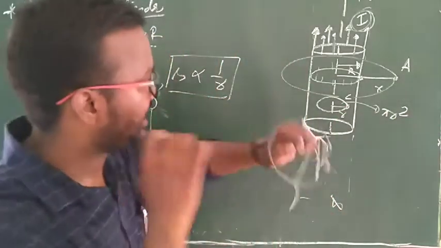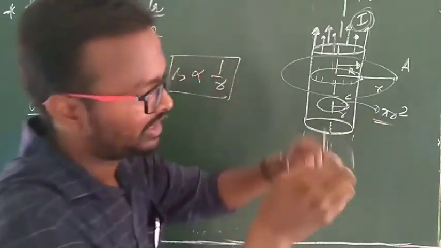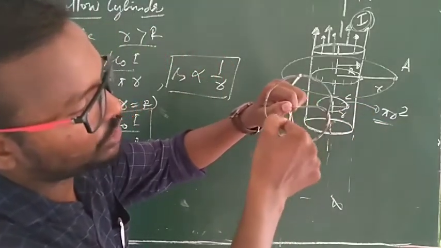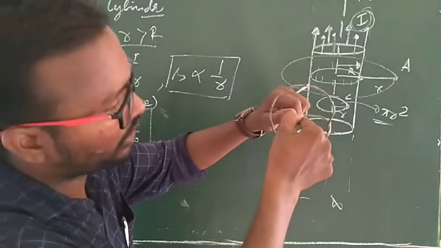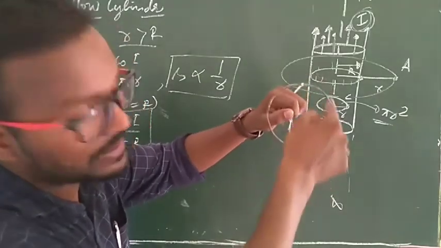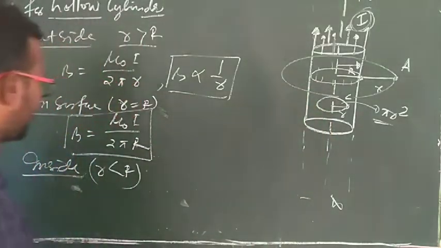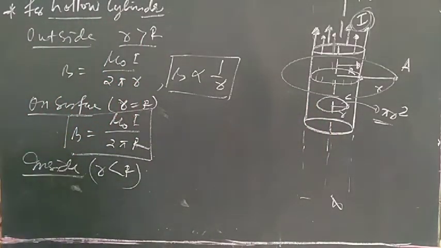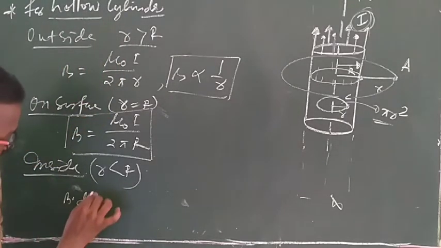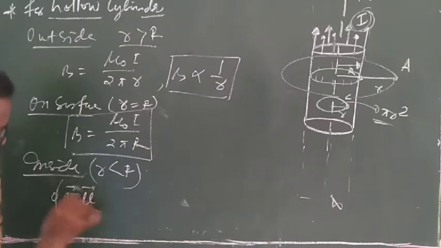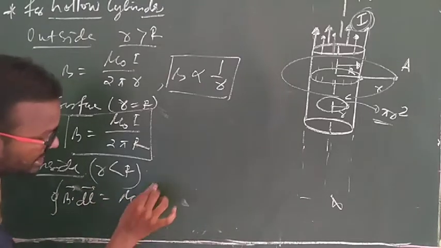Clear? But within this area there is no current, because the total current flows over the surface, and inside the surface there is no current. That means if we use Ampere's law, we can write for this case the closed integral of B dot dl equal to mu naught times I enclosed.